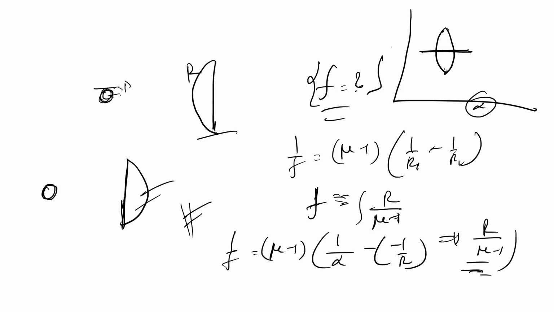If you cut the lens here now, suppose this lens has focal length f, if I cut it like this, what is the focal length of this one? I am telling you it will not change. This one also will have the same focal length, this one also, because the radius of curvature is not changing, right?